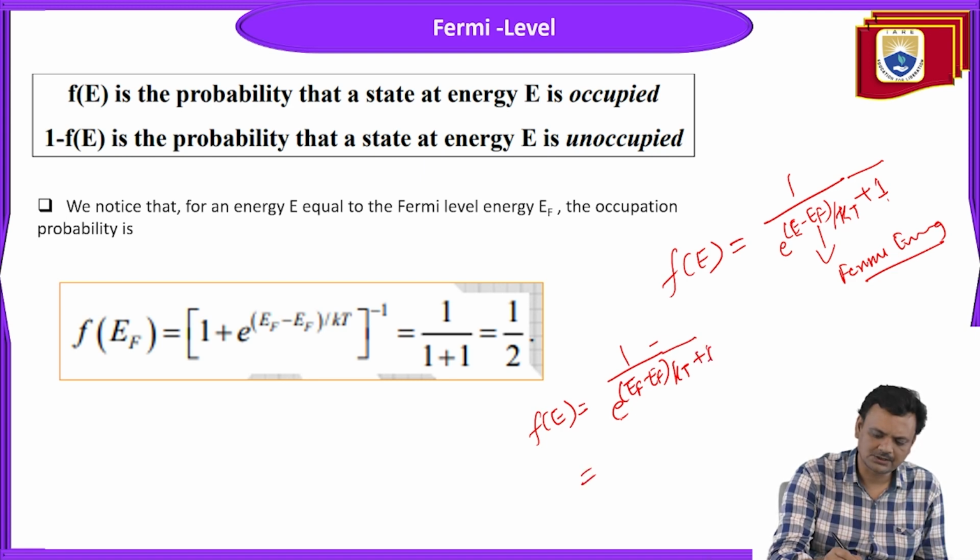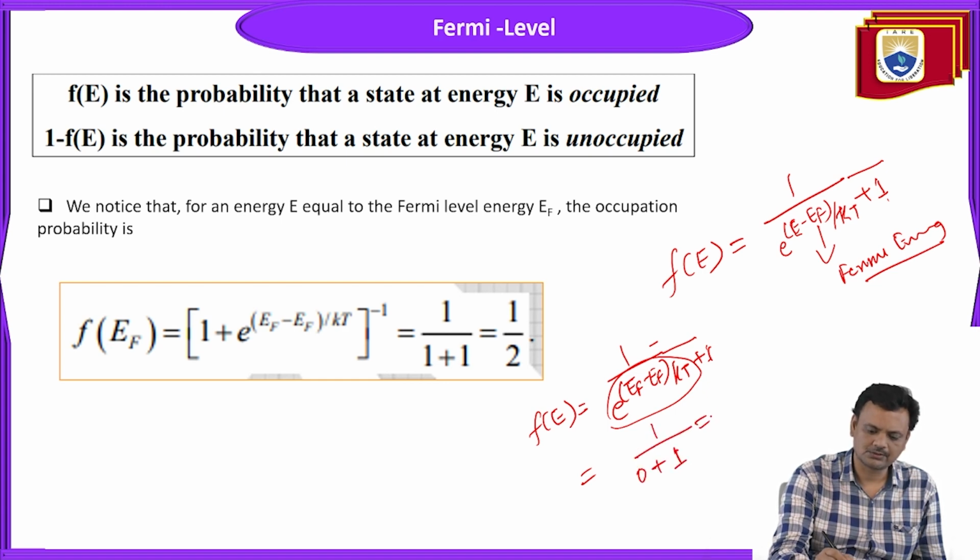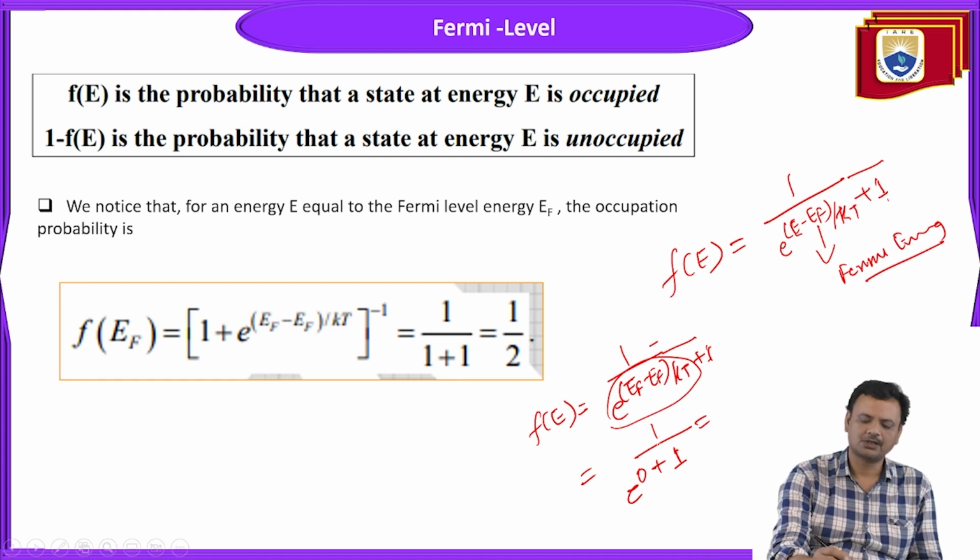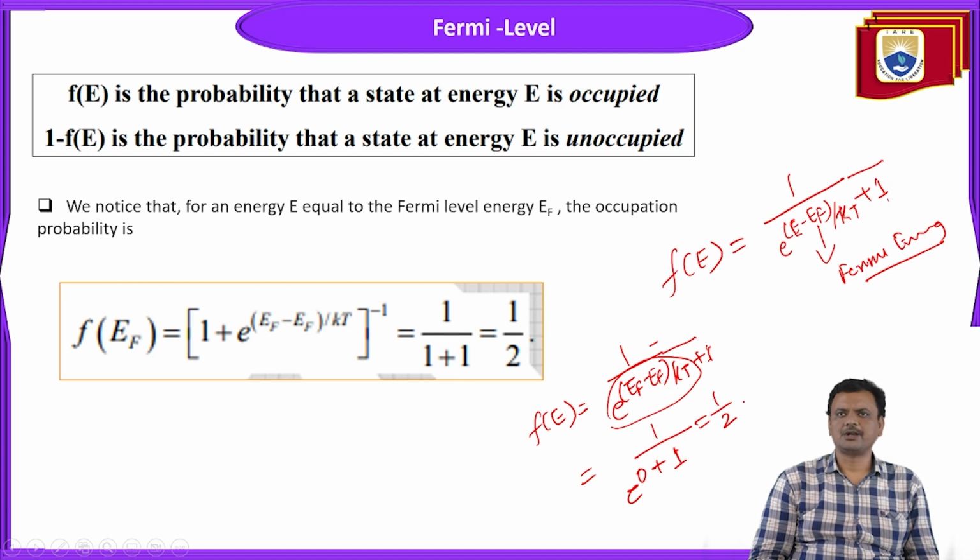So in this whole expression, the exponential term becomes e to the power 0, plus 1. So e to the power 0 is 1, and this whole term becomes 1 by 2.